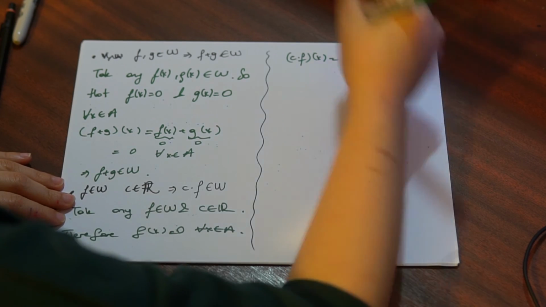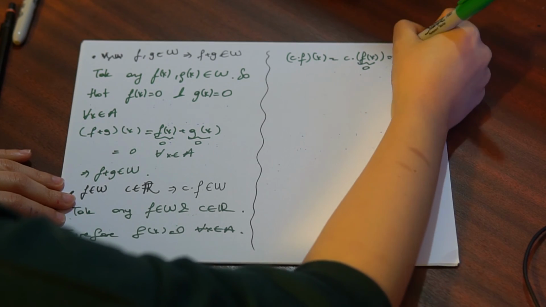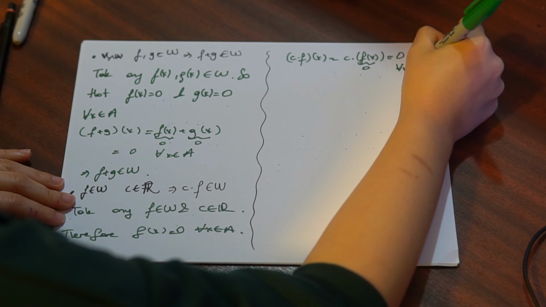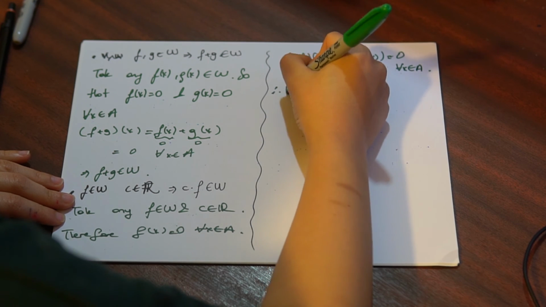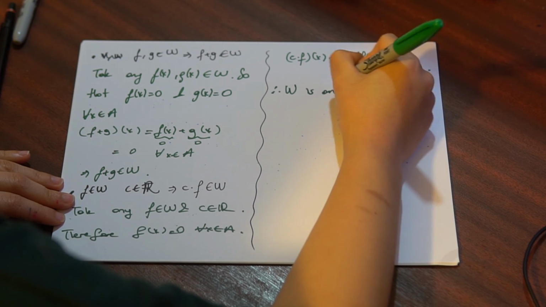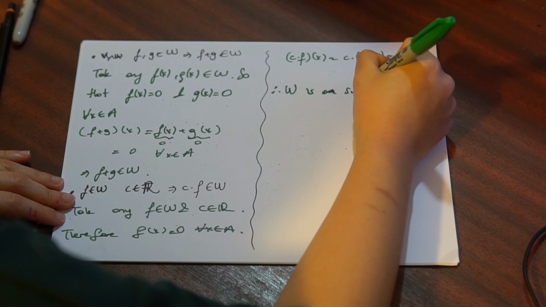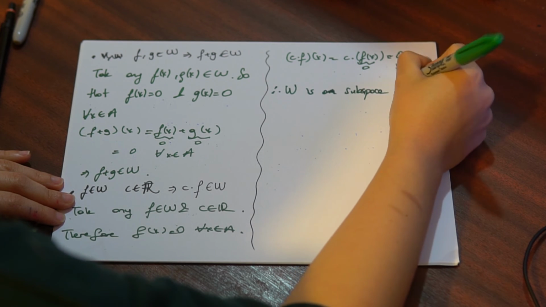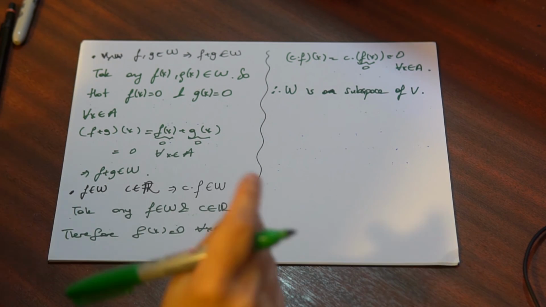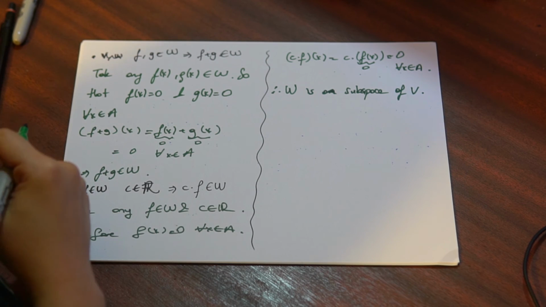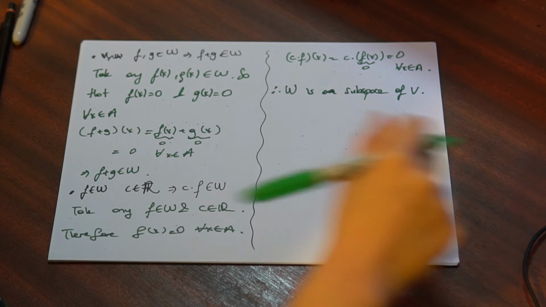So since this is equal to 0 for every x in A, this is equal to 0 for every x in A. Therefore, W is a subspace of V. So this completes question 6.